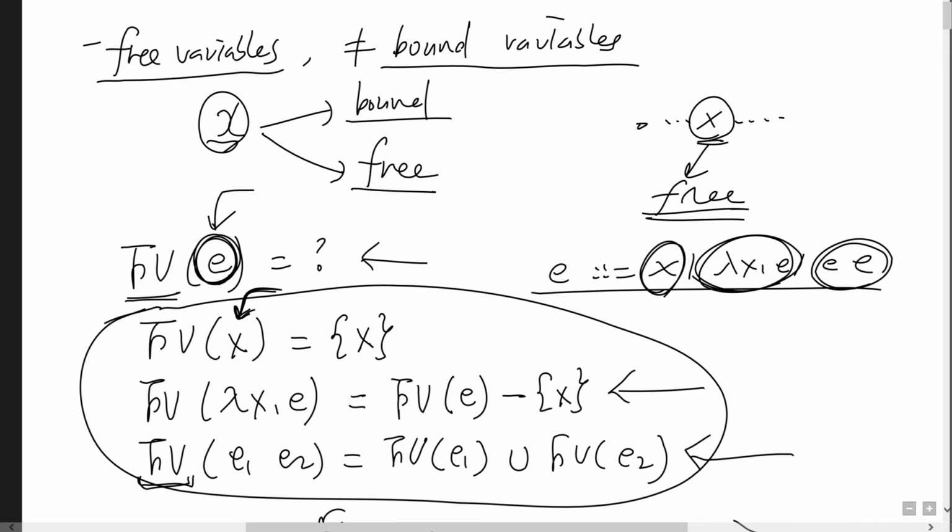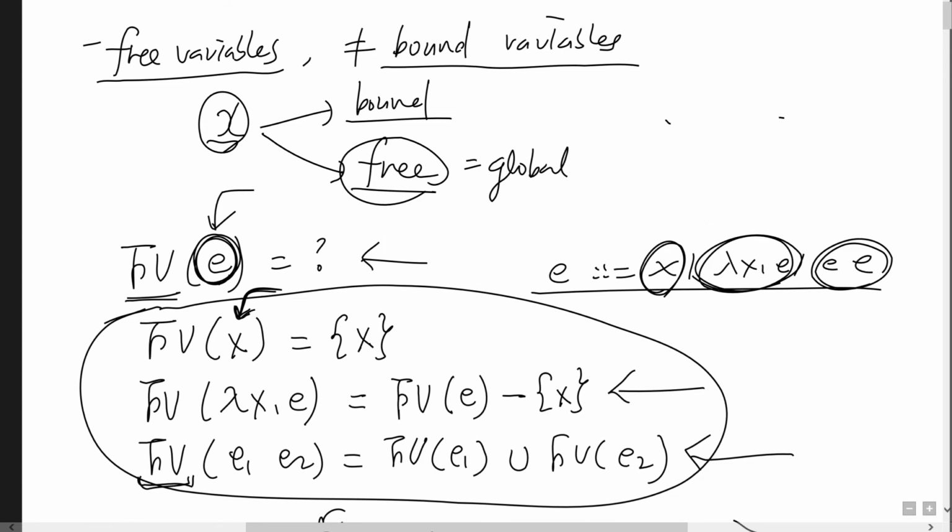If you have a background in the C programming language, you can think of free variables as global variables. So for instance, suppose that you have a C function foo, and you have some reference to variable x here. And this variable x is either global or local.